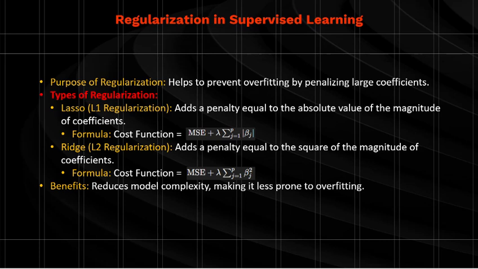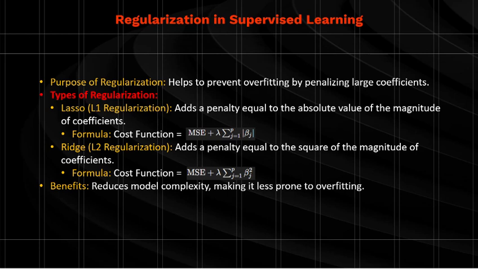Then we have regularization in supervised learning. Basically, regularization helps us to prevent overfitting by penalizing large coefficients. Let's see the types of regularization. We have lasso or L1 regularization, which adds a penalty equal to the absolute value of the magnitude of the coefficient. You can see the example of the formula. Then ridge or L2 regularization, which adds a penalty equal to the square of the magnitude of the coefficient.